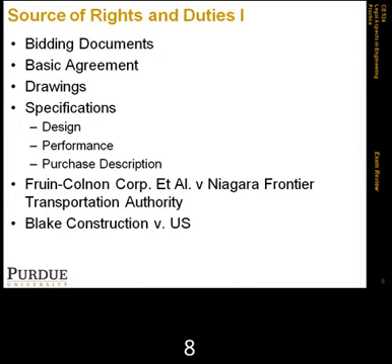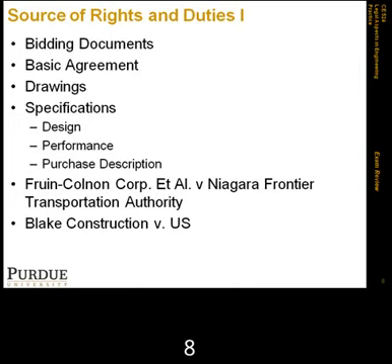Blake claimed at that point that the specifications were performance, allowing them to install underground or overhead, it didn't matter. The court made a very important statement, saying that a defective design spec could be viewed as a performance one, but that doesn't give the contractor complete discretion.